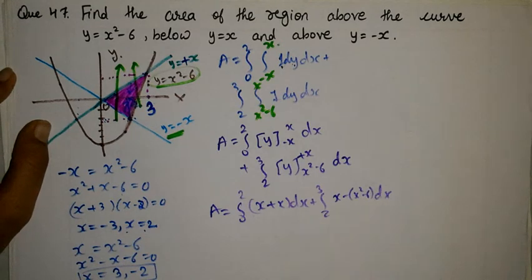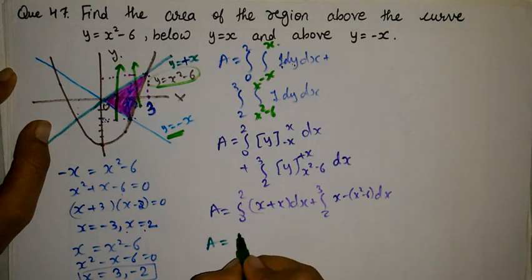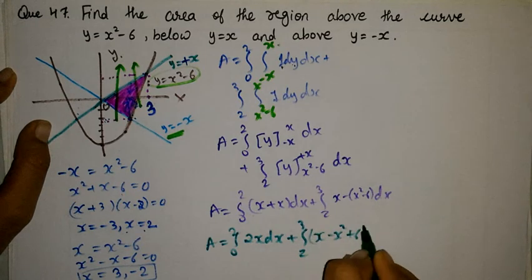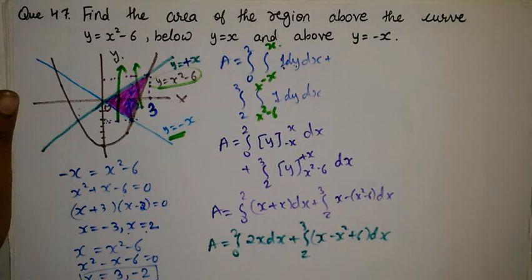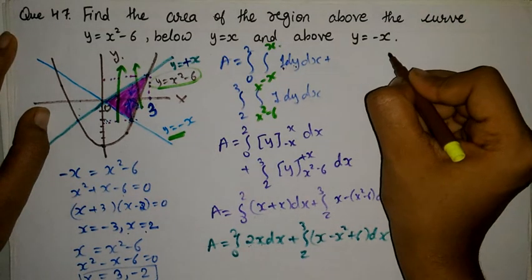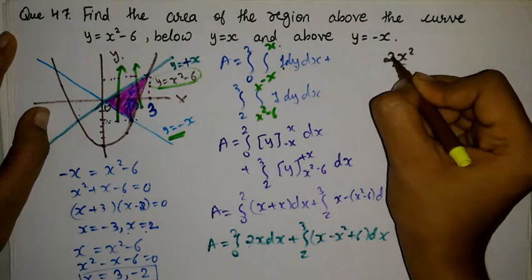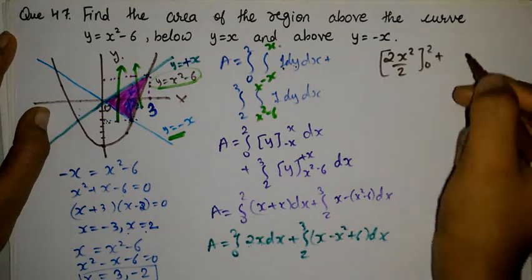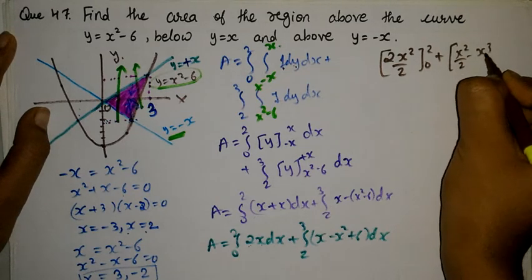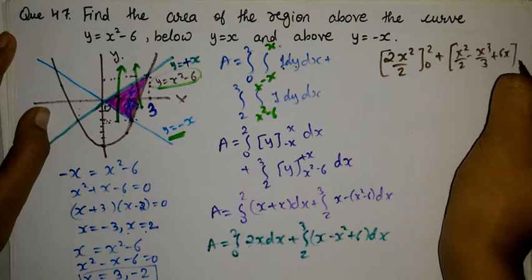Now solving this equation, area is equal to integration from 0 to 2 of x plus x, 2x, into dx, plus integration from 2 to 3 of x minus x square plus 6 into dx. Now further solving, integrate 2x with respect to dx, so we get 2x square by 2, its limits are from 0 to 2, plus this will be x square by 2 minus x cube by 3 plus 6x, limits are from 2 to 3.